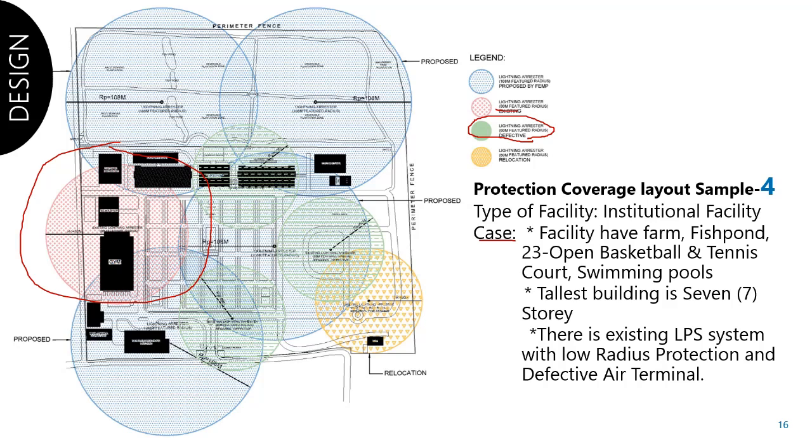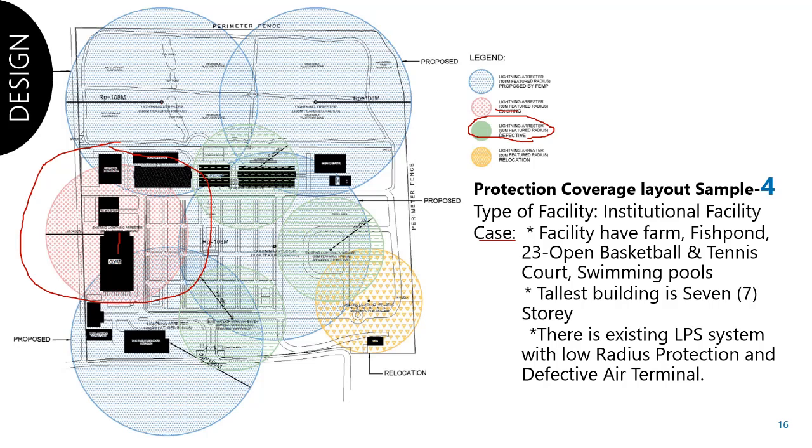This is an open area freestanding design. This design is installed on the roof. This existing building, marked as defective, is installed on the building. Then this green one is a freestanding design, and here is a freestanding design, an existing one.